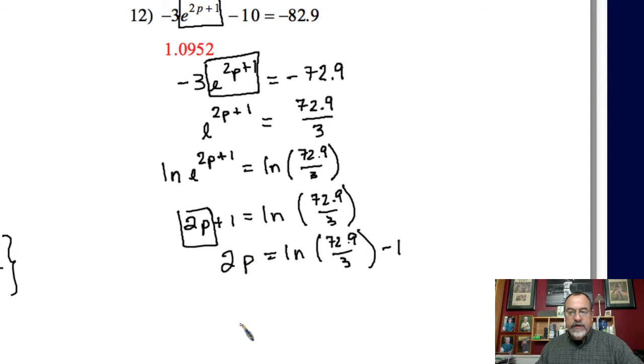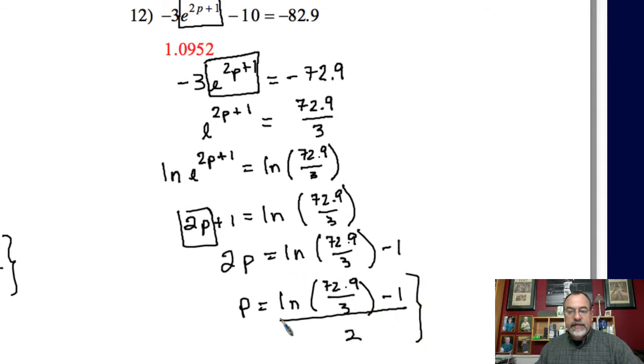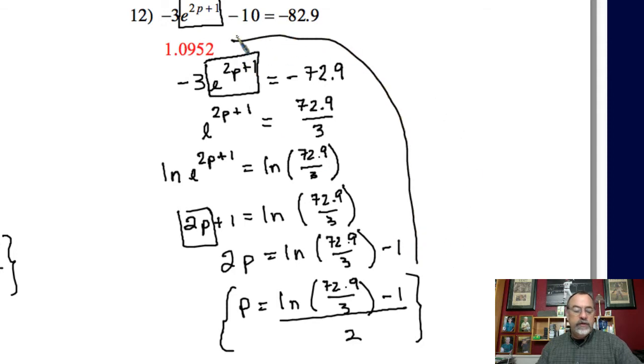And then we're going to divide by 2. So this would be the natural log of 72.9 over 3, that number minus 1, and then all of that divided by 2. So this would be my exact answer, and this is the decimal equivalent rounded off to 4 decimal places.